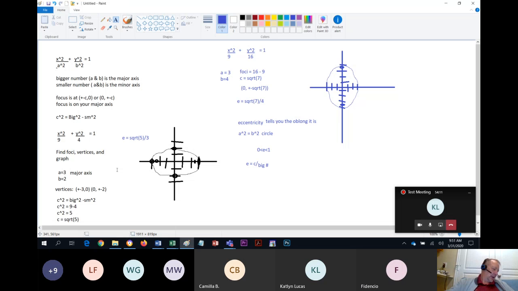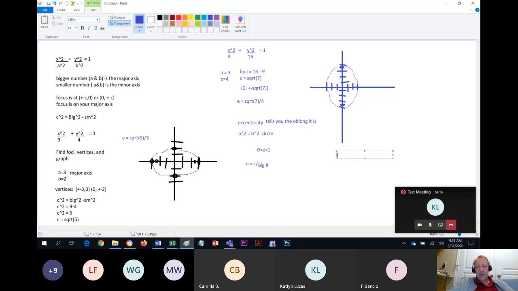All right. Now, the last thing I want to do is find the equation of an ellipse with foci at 0, comma, plus or minus 8, and eccentricity equal to 4 over 5.